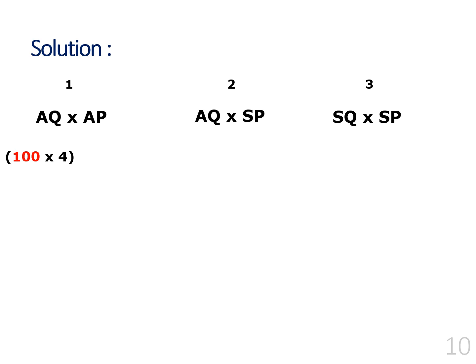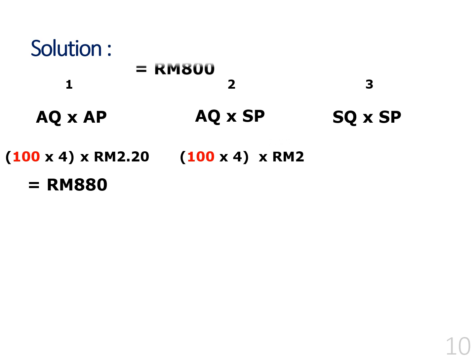For AQ, that is the actual quantity equals to 100 units times 4 kg. And AP, the actual price is 2 ringgit and 20 cent. Equals to RM 880. For second group, AQ equals to 100 times 4 times SP, the standard price is 2 ringgit.